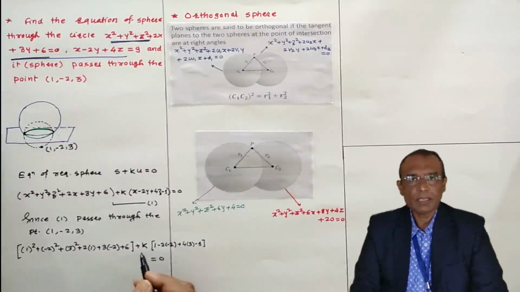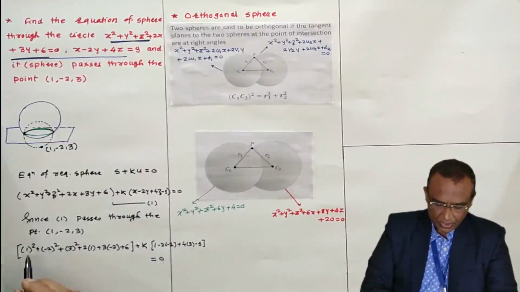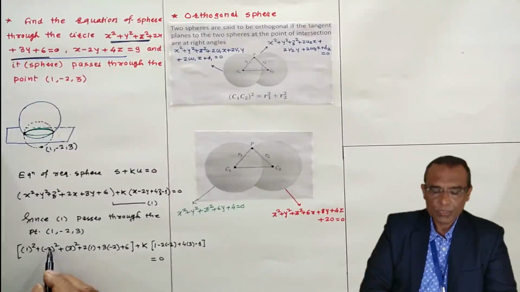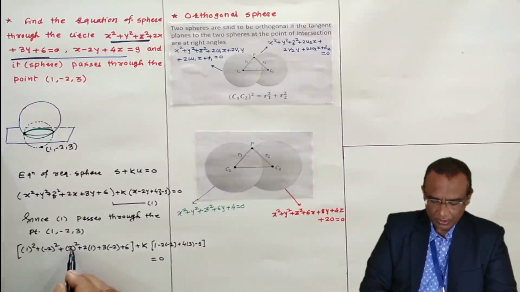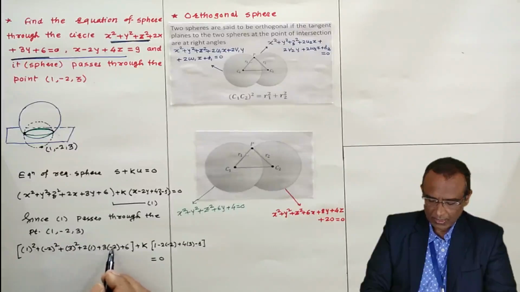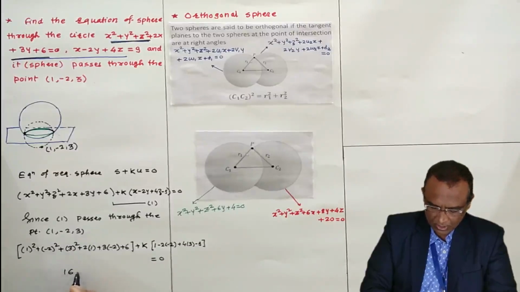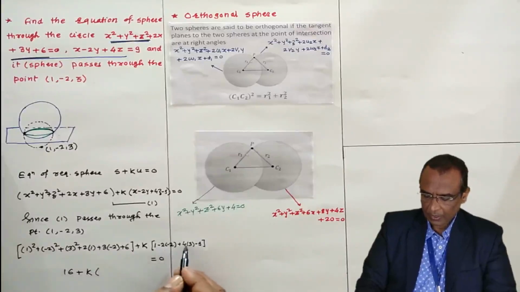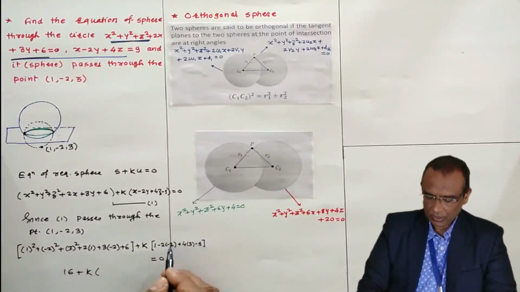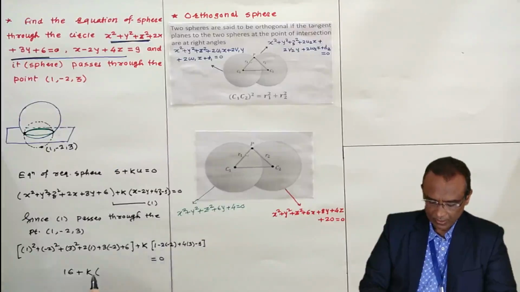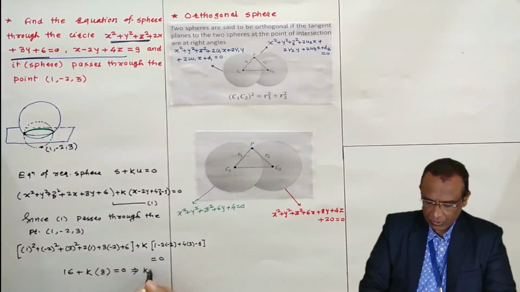Now simplify to get the value of k. 1 plus 4 is 5, 5 plus 9 is 14, and that gives 16. Then 16 plus k multiplied by 12 minus 9, which is 3, and 3 plus 5 is 8. This implies k equals minus 2.